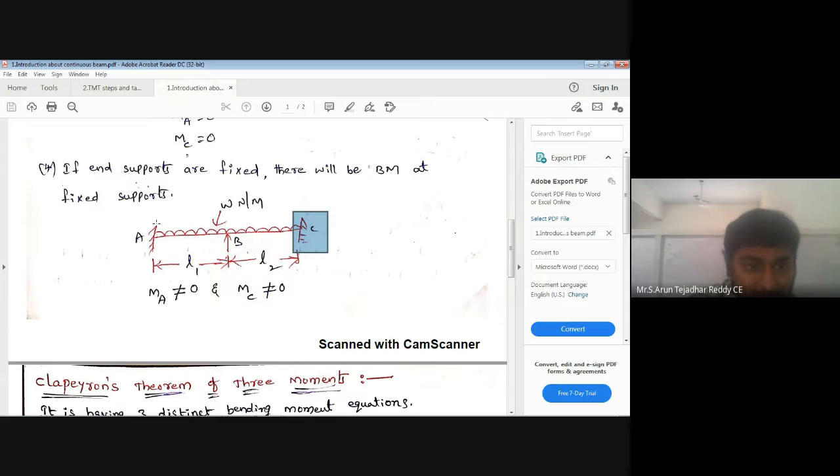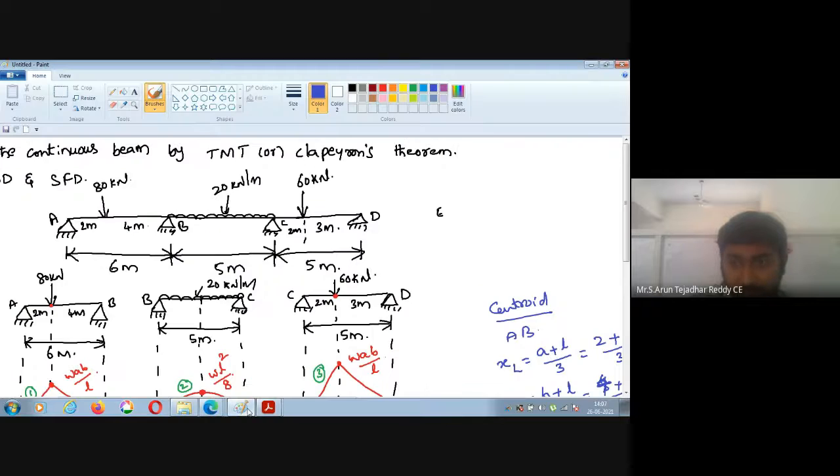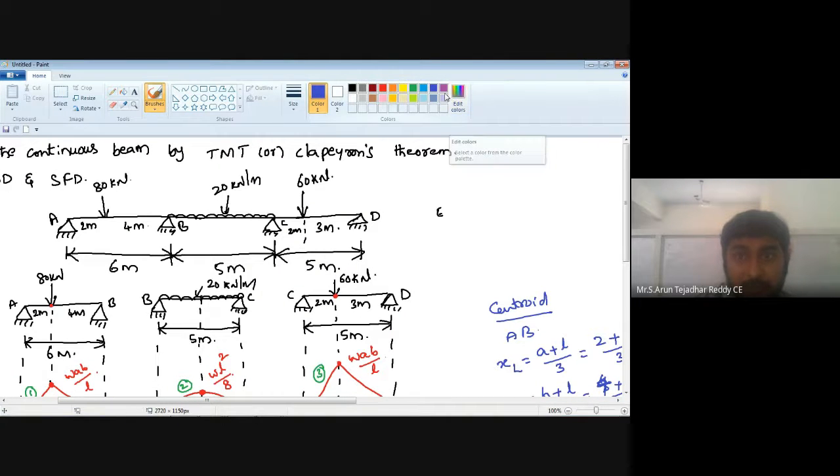But 100% you will get MA and MC values, because it is a fixed support. For a fixed support, totally 3 reactions are acting: vertical, horizontal and moment. So for that reason we will get one moment value at A and also a moment at C. So these are our conditions. Same conditions apply here.